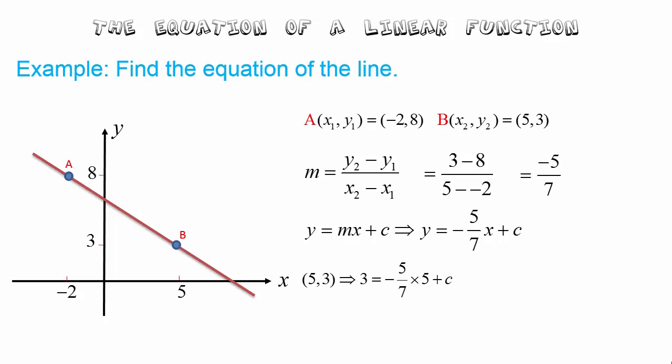When I've made the substitution with x equals 5 and y equals 3, we have the expression 3 equals negative 5 over 7 times 5 plus c. Solving that for the value of c, we have c equals 46 over 7. So our final answer for the equation becomes y equals negative 5 over 7 x plus 46 over 7.